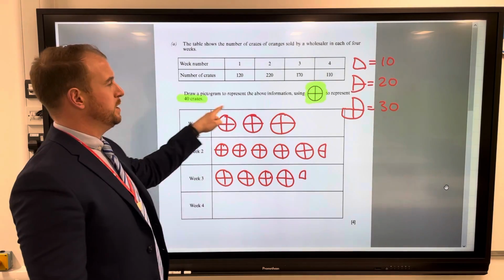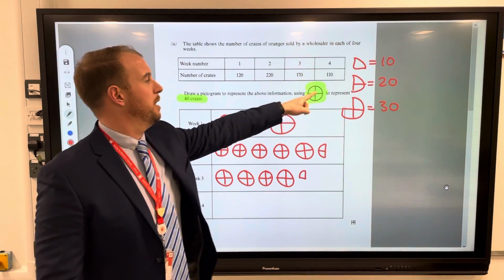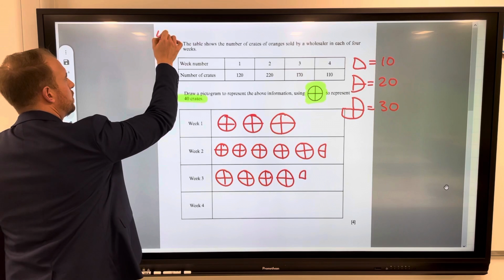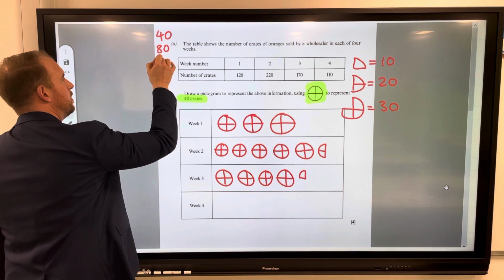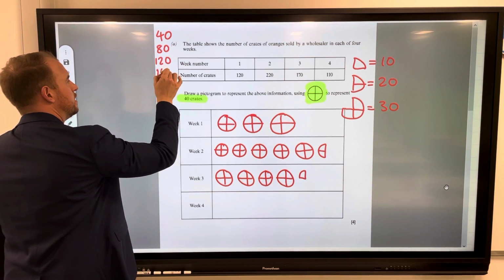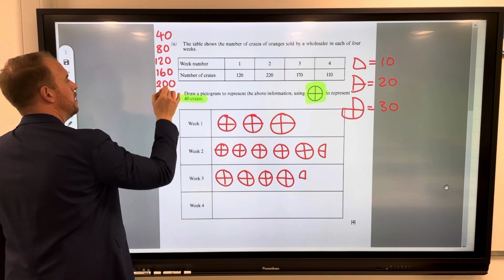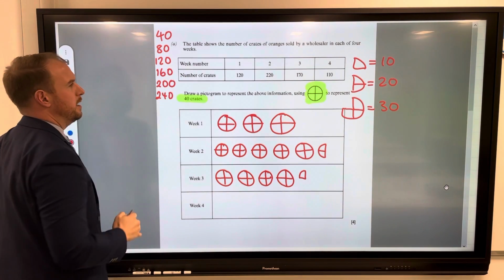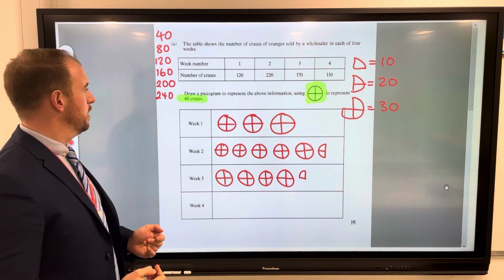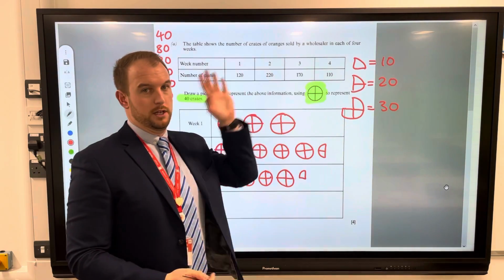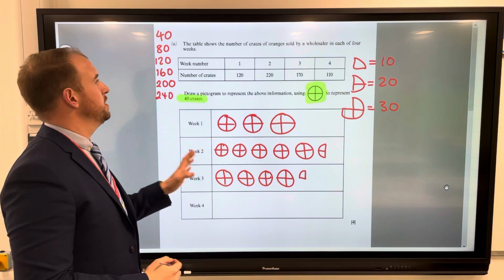If you're looking at 40 for each of this shape here, there's nothing wrong with writing down the 40 times table down the side to help you identify how many that you may need. Okay, you've got plenty of space on this page to use with whatever you see fit to help you with this.